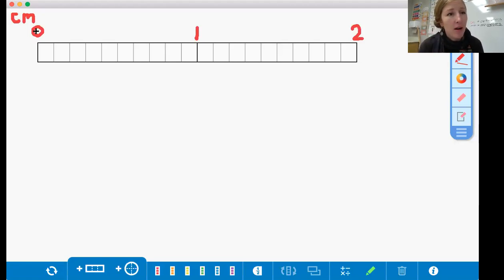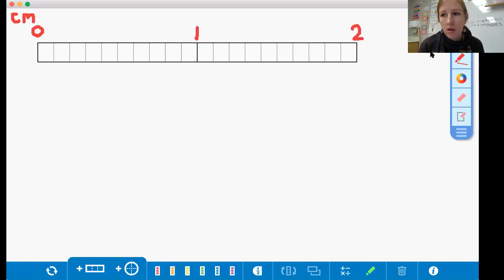So I have 0, right? We always start at the 0. And I have 1 centimeter and 2 centimeters. And then let's count the boxes between 0 and 1. 1, 2, 3, 4, 5, 6, 7, 8, 9, 10. Right, so there's 10 millimeters in 1 centimeter.